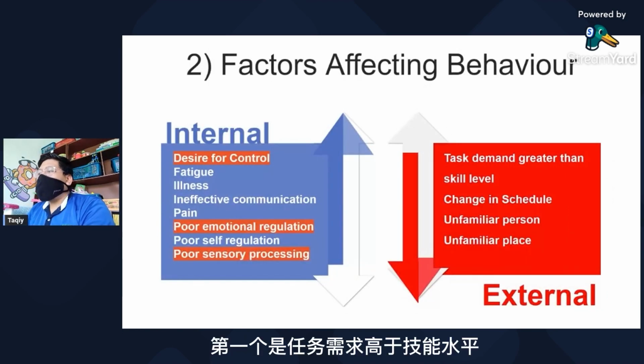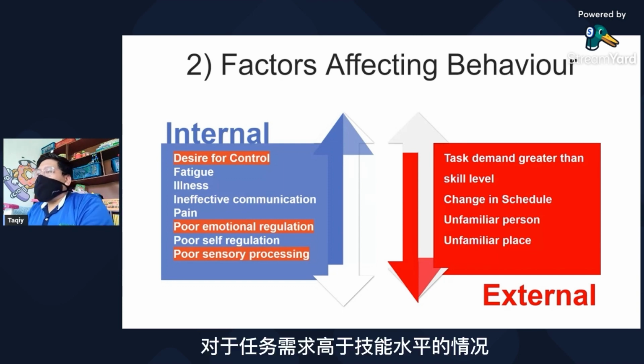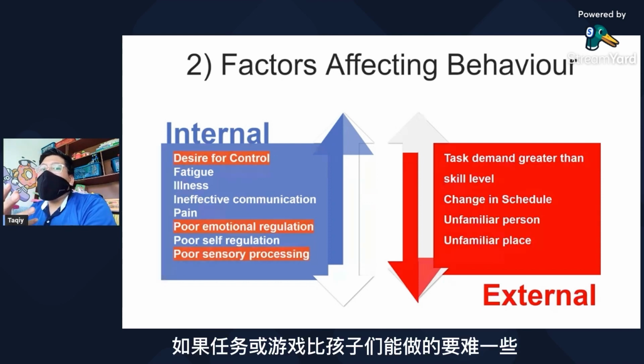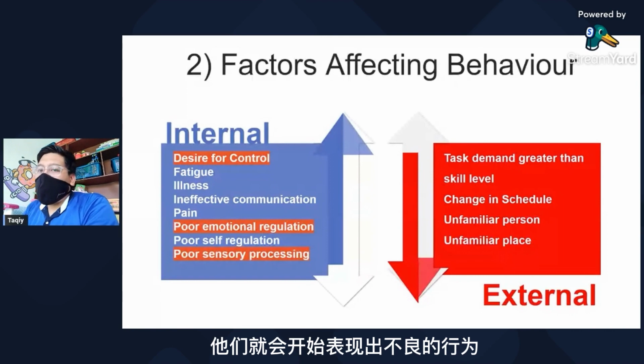The first one, task demand greater than the skill level, and then change in schedule, unfamiliar person, and unfamiliar places. For the task demand greater than skill level, here it means that if the task or the play is a bit harder than the children can do, they will start showing the behavior.